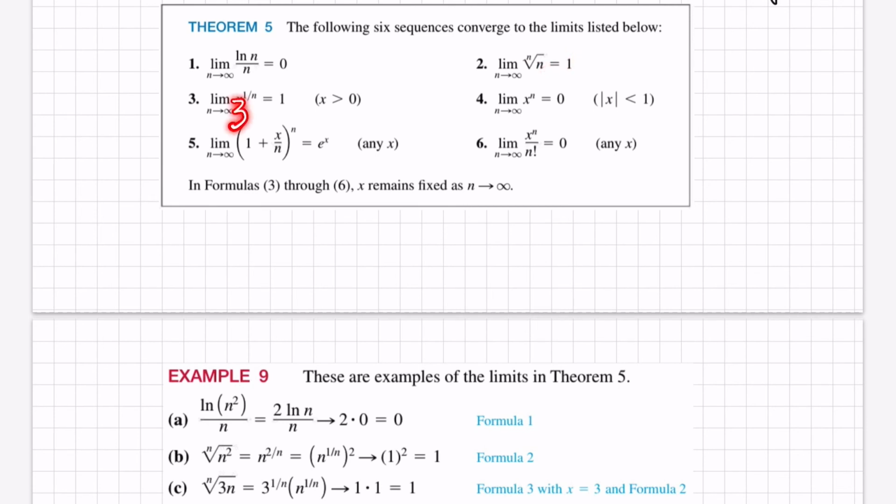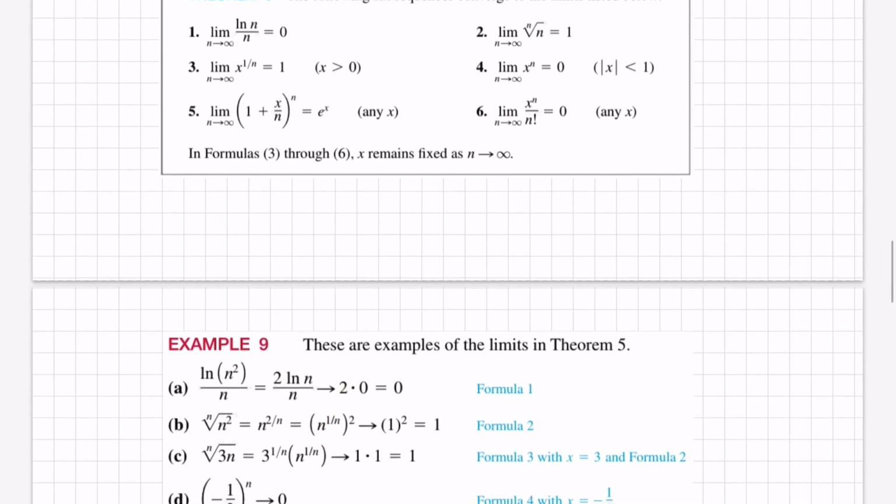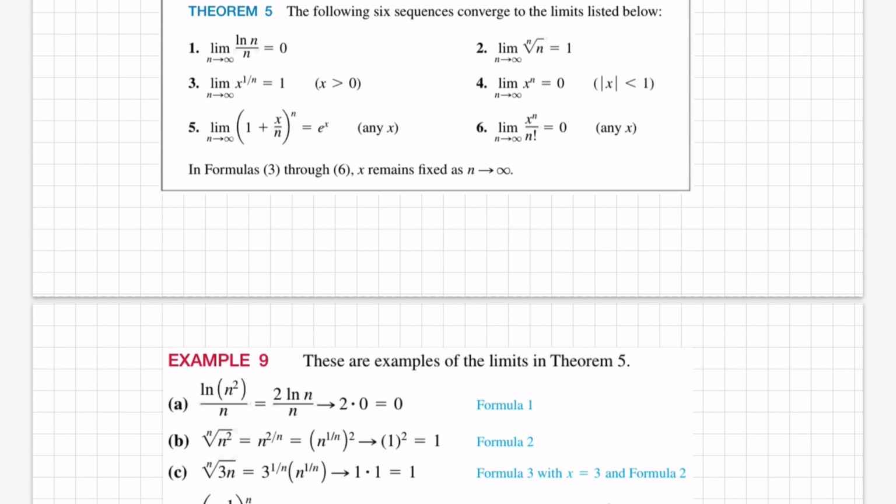And 3 to 1 over n is also 1. So we split it, and we write it like this. From here, that's 1, and from here, that's 1. So the limit is 1. You see how you use them? Not difficult.